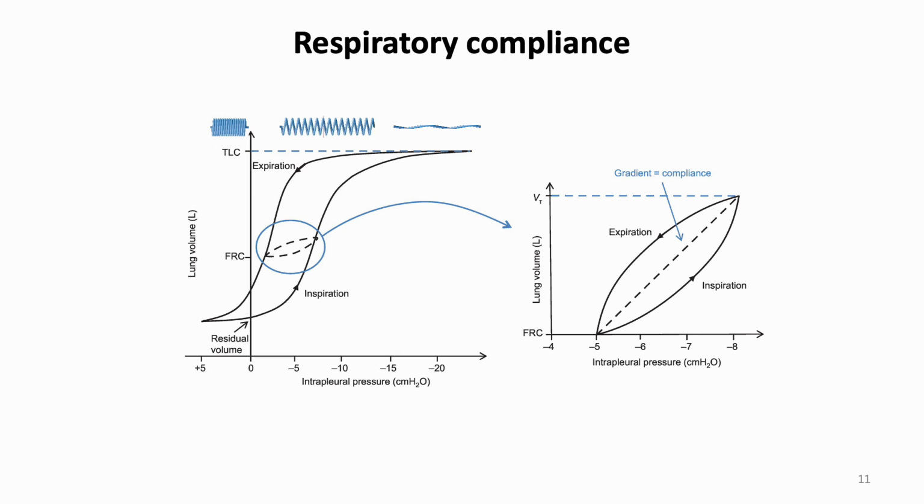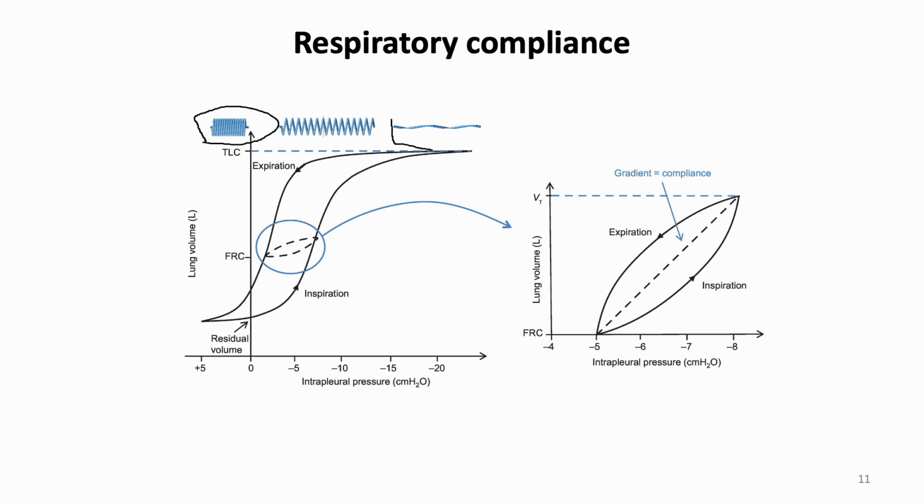So I've just imagined a spring up here to illustrate it. So you can see here at low lung volumes, the basis of compliance disappears because the lung just becomes completely compressed, and thus it becomes non-compliant or plastic, as we call it.